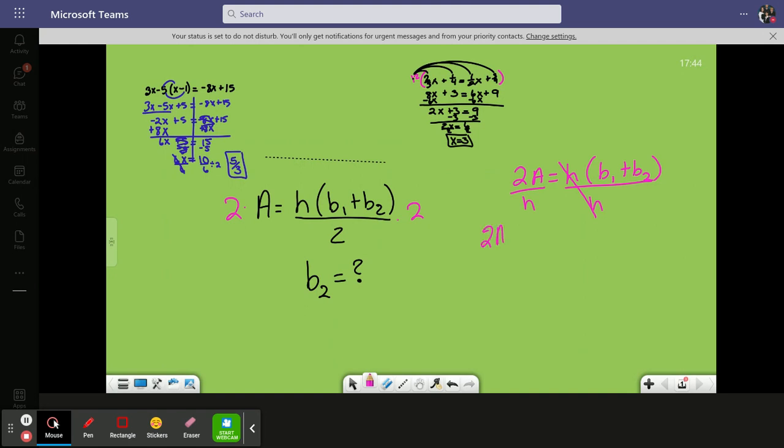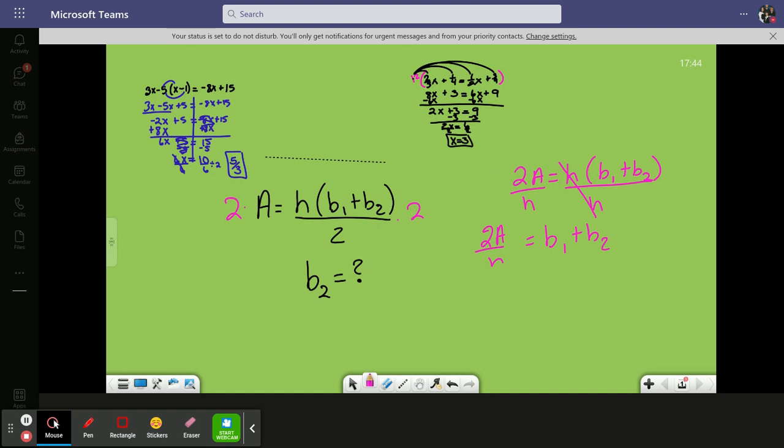2a divided by h, I'm trying to get the b2 by itself. Get rid of absolutely everything up there but the b2. Equals b1 plus b2. All right, I only have one more step left. I want b2 alone.